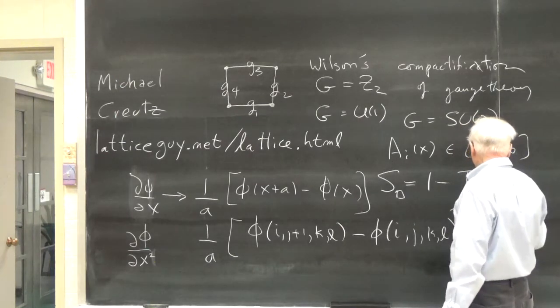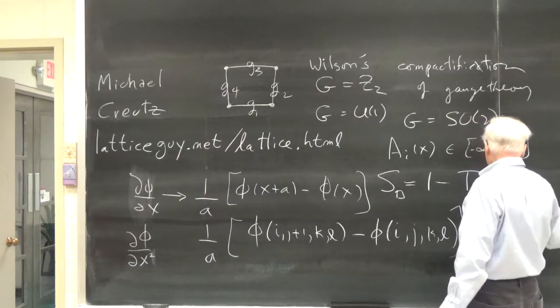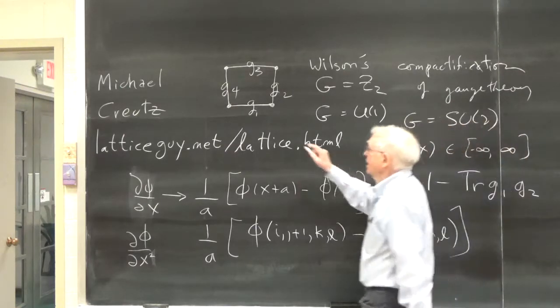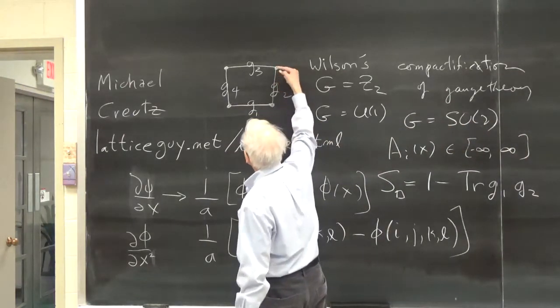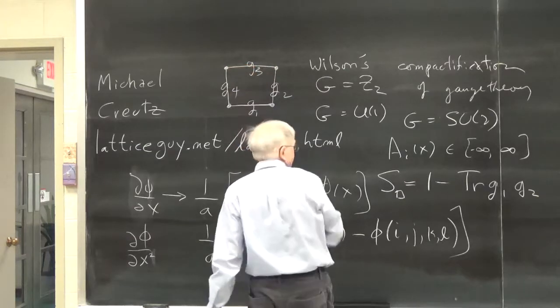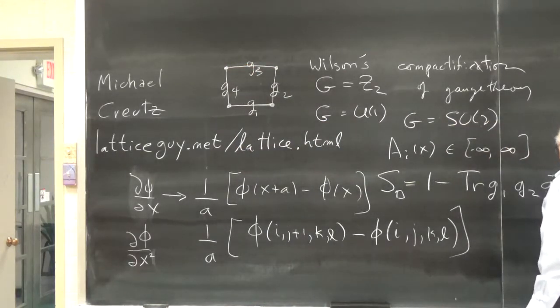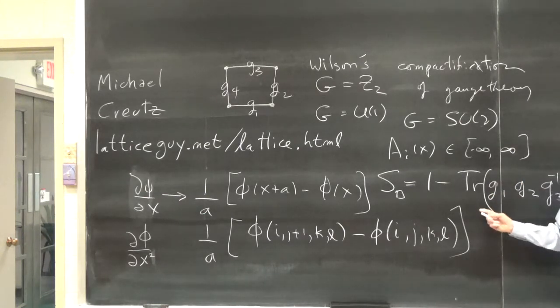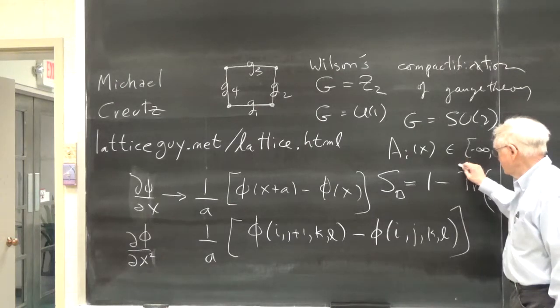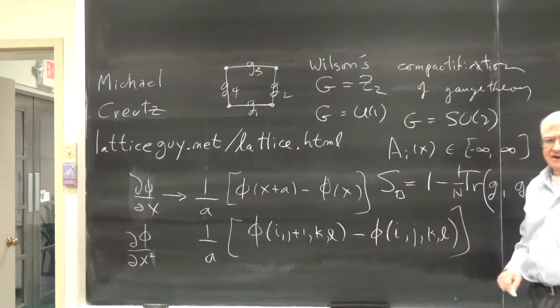This is the way the group elements go: G1, G2, because you're going around it, but now it's G3 inverse, G4 inverse, because you're going backwards. And there may be a scale factor here, so 1 over n.